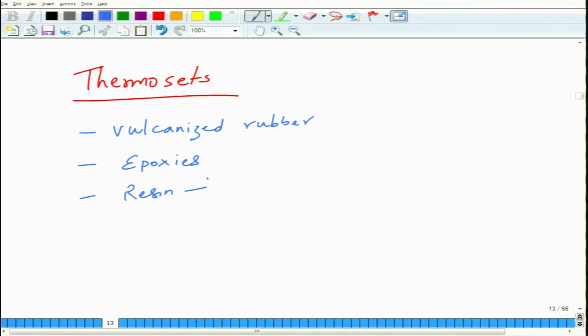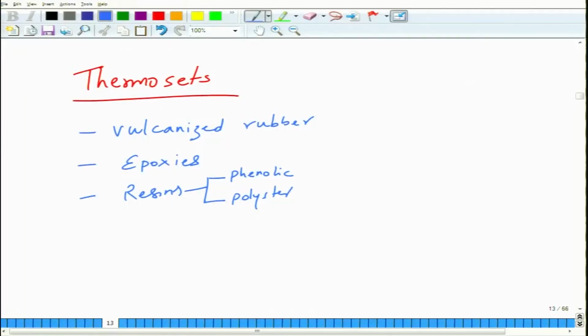Okay. If you are a metallurgist, you might have used the resin to set the sample, right? It's used for metallographic samples, and that resin becomes very hard after curing, and if you heat it up, it just degrades, it doesn't melt.